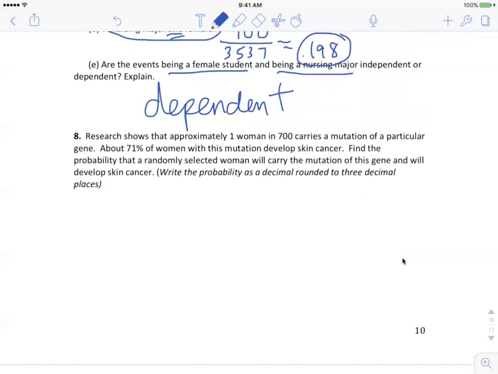All right, we've got one more example for this section. A research shows that approximately 1 woman in 700 carries a mutation of a particular gene, and about 71% of women with this mutation develop skin cancer. Okay, find the probability that a randomly selected woman will carry the mutation and will develop skin cancer.